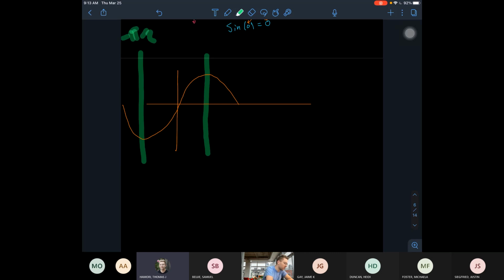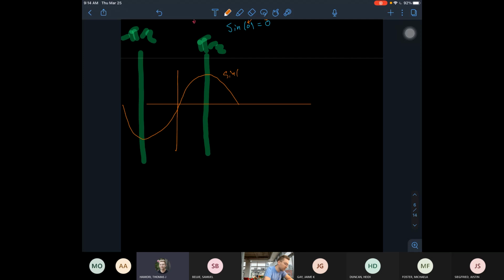The sine function was one-to-one if we just considered the piece of it which was in between negative pi over 2 and pi over 2.